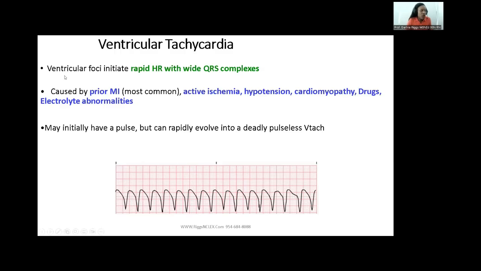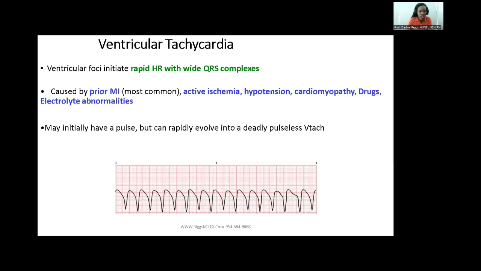Okay, so ventricular foci rapidly firing, caused by MI, dead tissue, hypotension; drugs could be a problem for this. This usually starts off with a pulse, but if unaddressed, it could rapidly turn into a pulseless VTAC, which is a big problem.